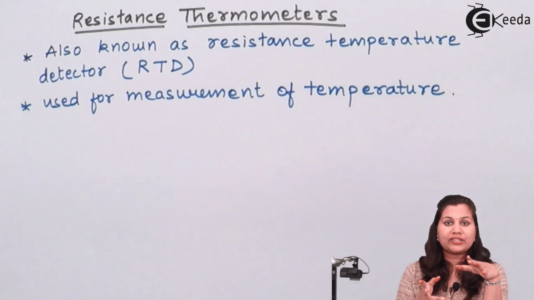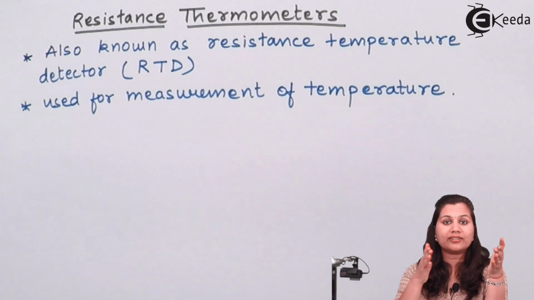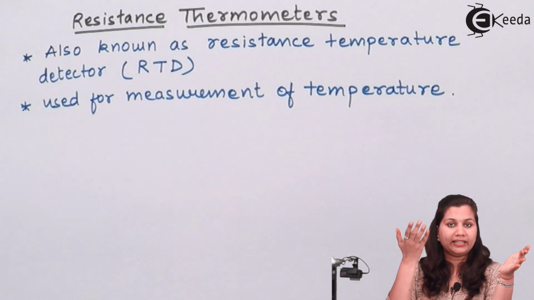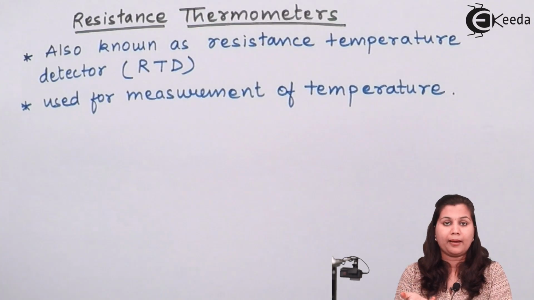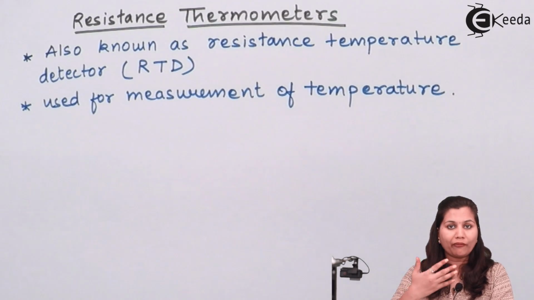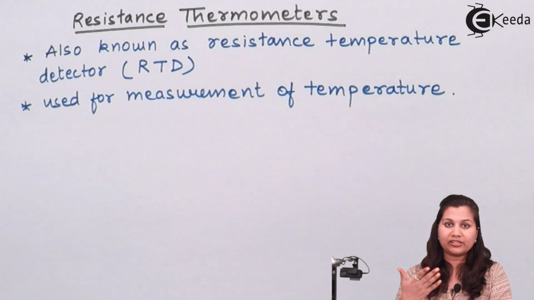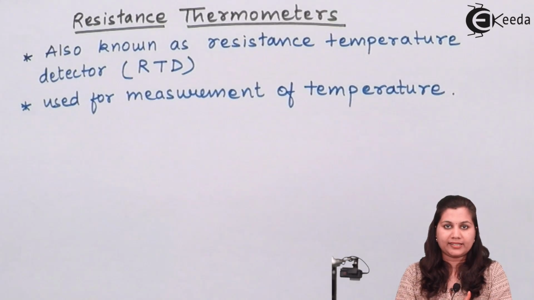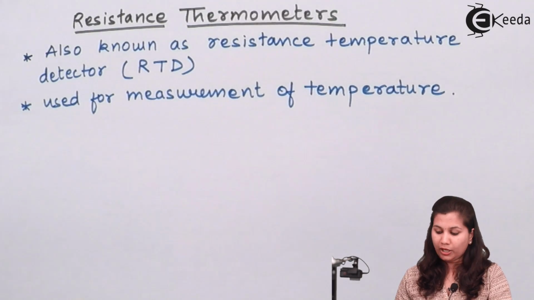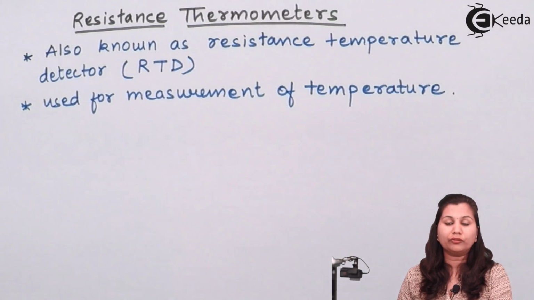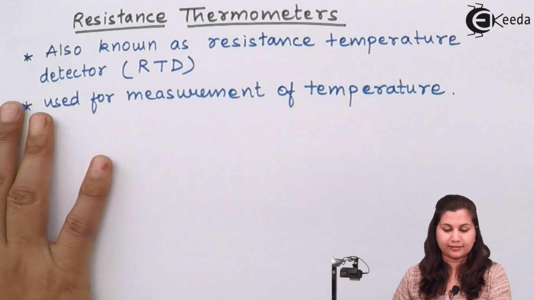So there is a relationship between the temperature and the resistance: as we increase the temperature, the resistance of the material decreases, because the flow of electrons and current increases. We use this relationship between the resistance and the temperature to measure the variations in temperature. That is the principle behind the working of resistance thermometers or resistance temperature detectors.